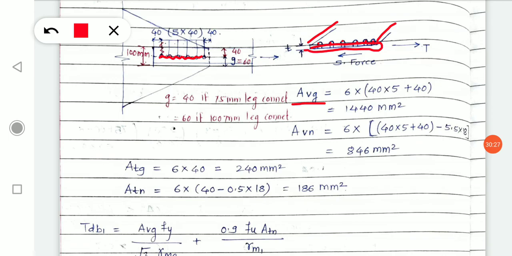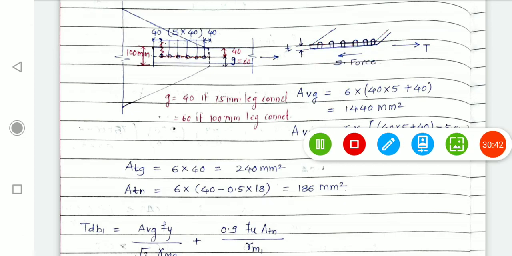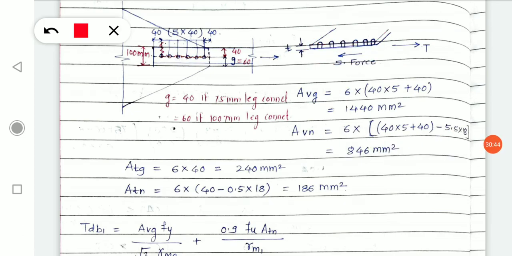How to calculate that rectangular area? Length into thickness of that rectangle. So the thickness I have already mentioned outside, which is 6, but the length needs to be calculated. And how will we calculate that? See, the pitch distance. Now you should know what pitch distance is.